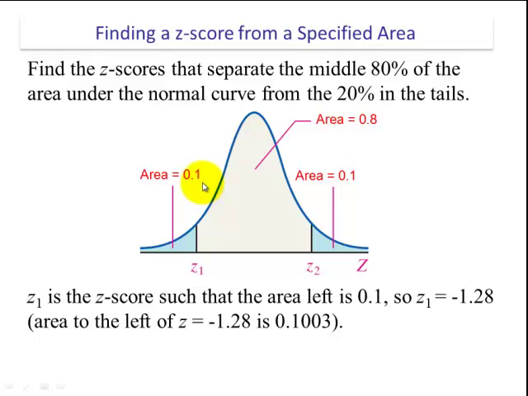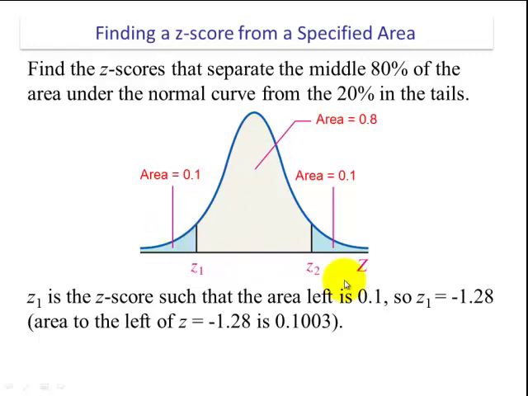So looking in table 5 for the closest thing to 0.1000 is 0.1003. That corresponds to a z of negative 1.28. To find the second z, the area to the right is 0.1, which means the area to the left is 0.9.